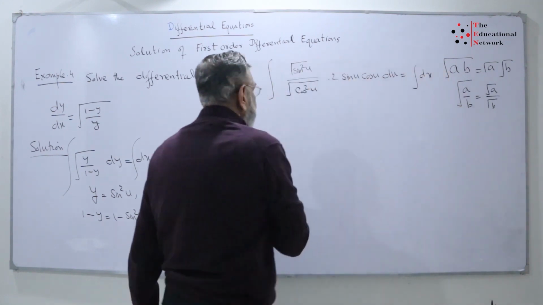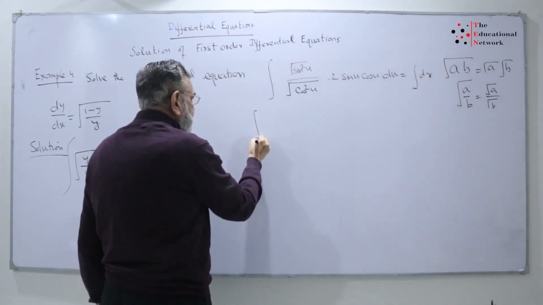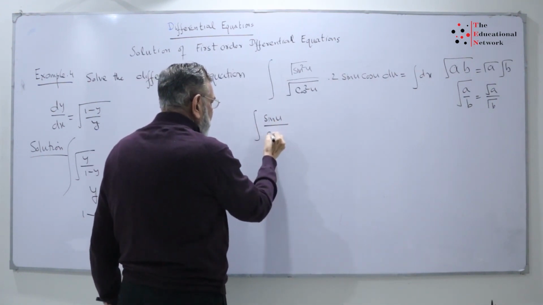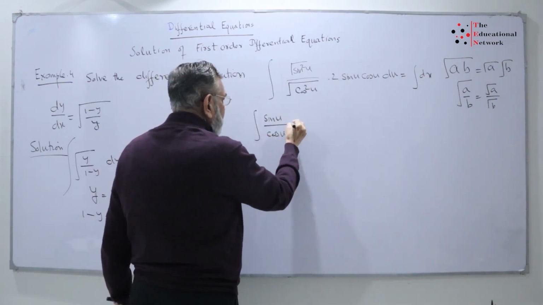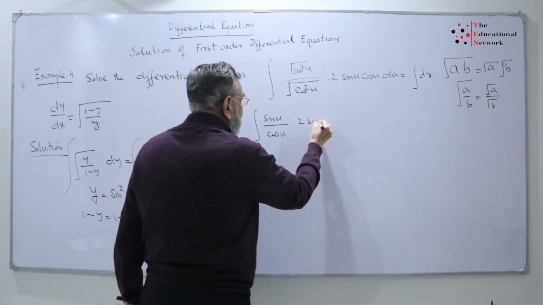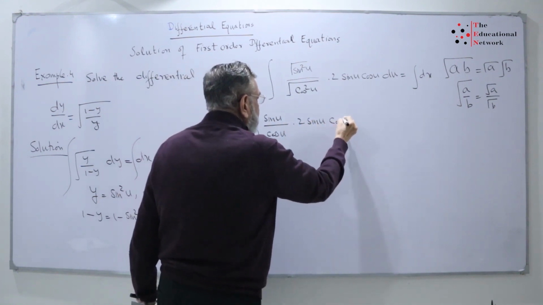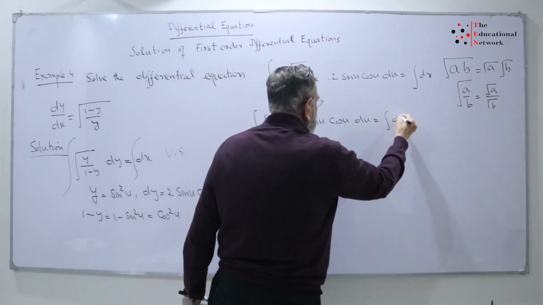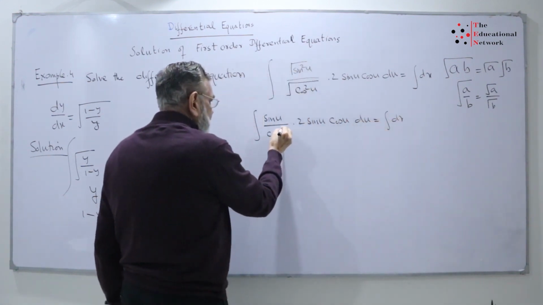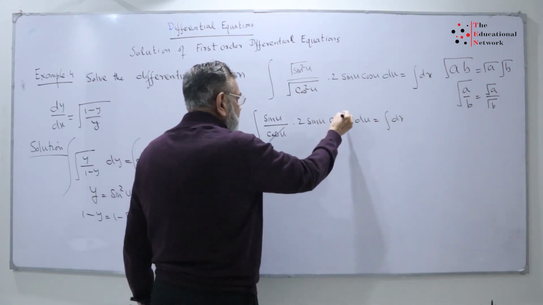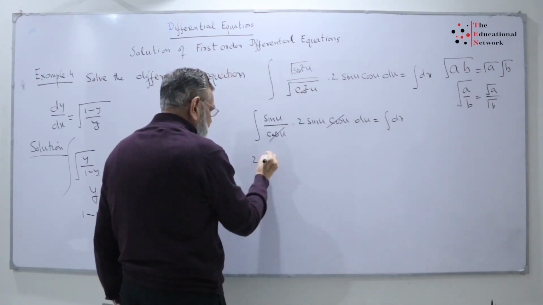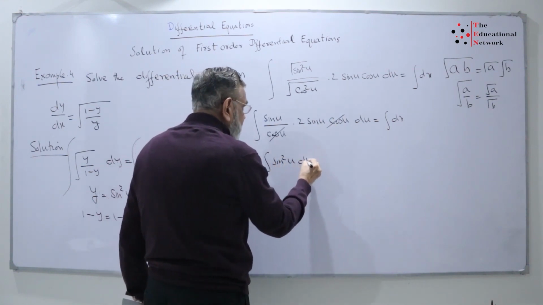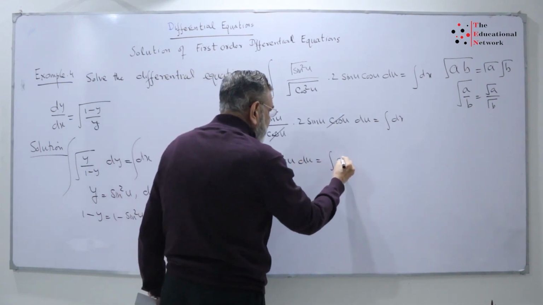Now we simplify this. We get sine u, the root is cancelled with the square, over cosine u, and we have 2 sine u cosine u du, integral equal to integral dx. Now you can see our cosine u is cancelled by cosine u. We get 2 sine square u du equal to dx.